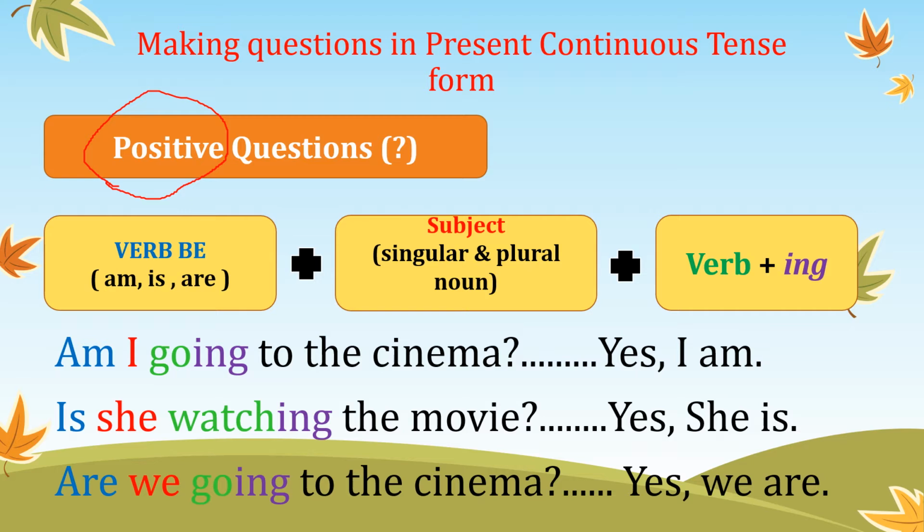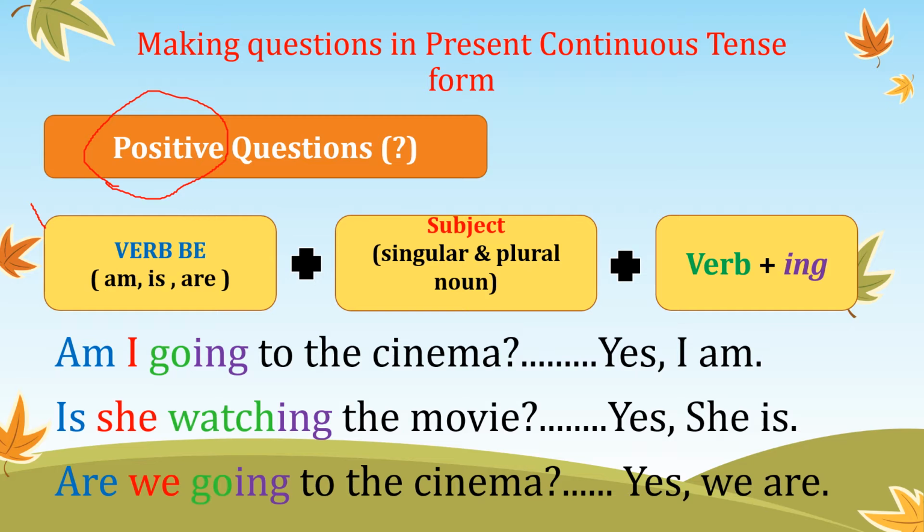Look at the first one. Verb be. We must start with the verb be: am for singular I, is for singular he, she, and are for plural we, they, you. I believe you know this.